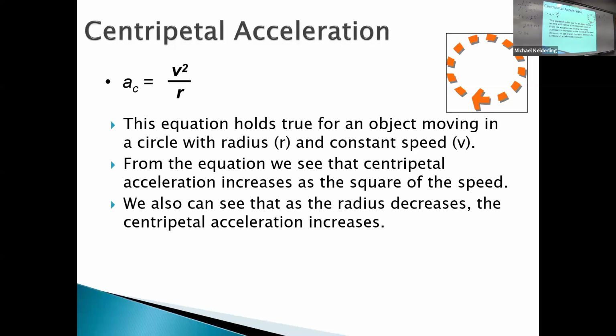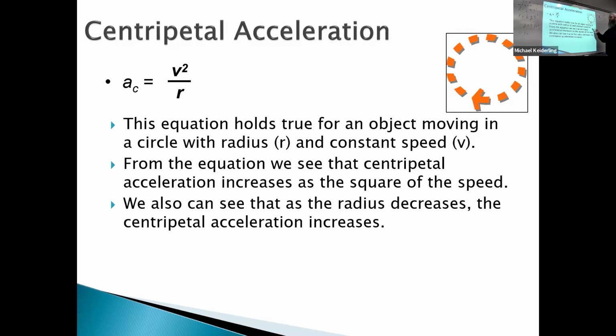So the tighter the curve, the smaller the radius of the circle, the bigger the acceleration required, because you're turning more. And then the faster you're going, the bigger the acceleration. And it turns out it ends up proportional to your speed squared, because not only are you changing a bigger velocity, you're traveling around the circle faster because you're traveling faster. So the velocity ends up sort of going in twice.